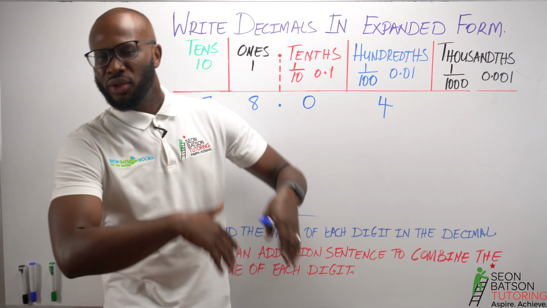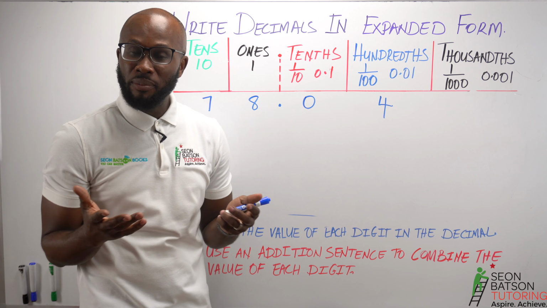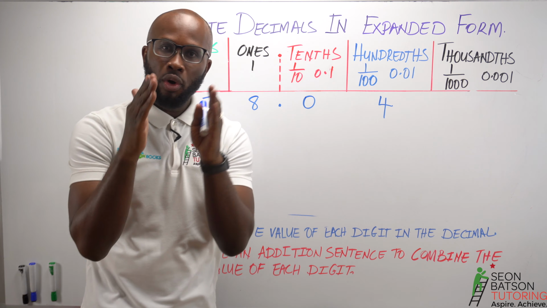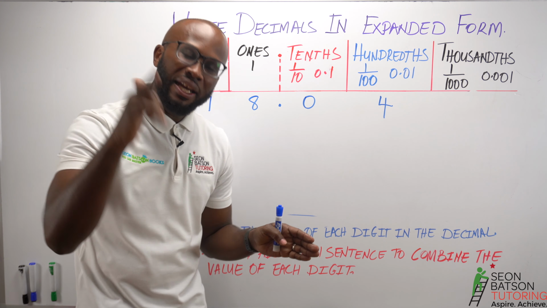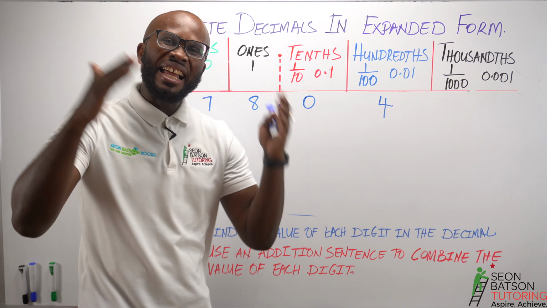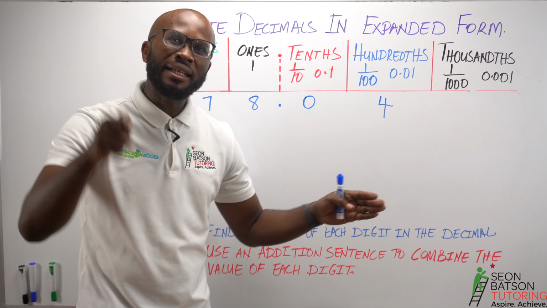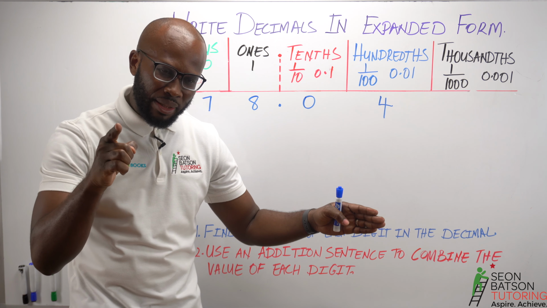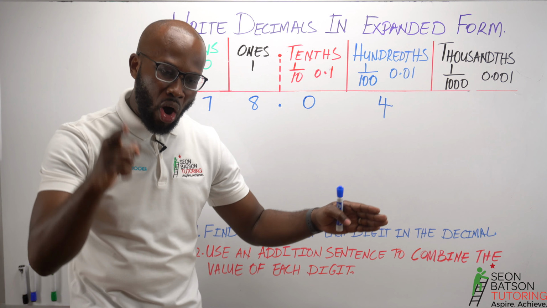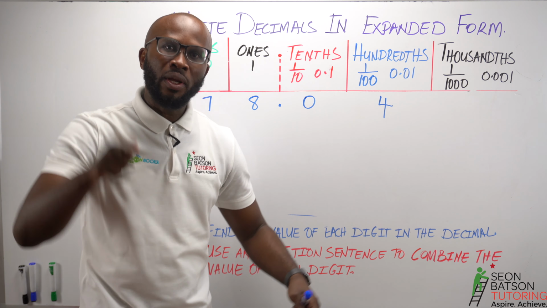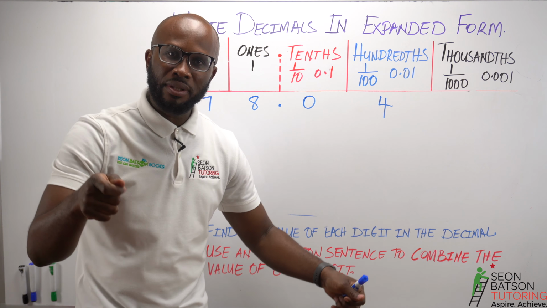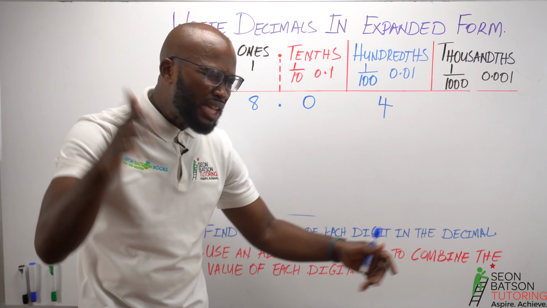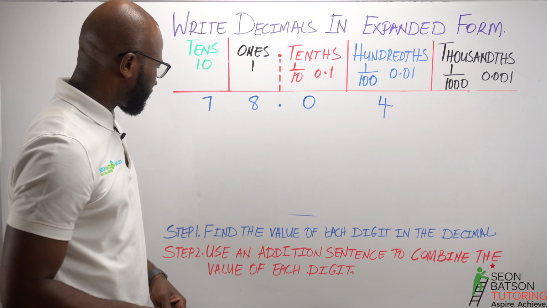Like always, you can go back and watch the previous examples, then try it. But I want you to pause the video, give it a try, then come back and let's see if we get the same answer. Remember the plan. What is the plan? The plan is to always stick to the rules. Always stick to the steps. Yes? You got this. I believe in you. Come on, give it a try.